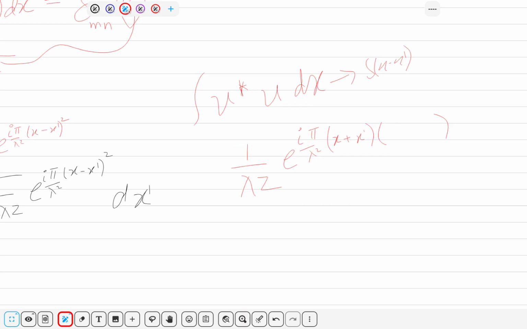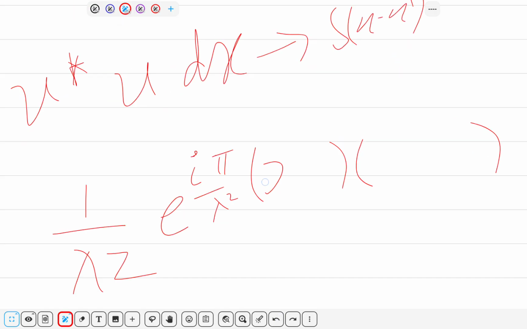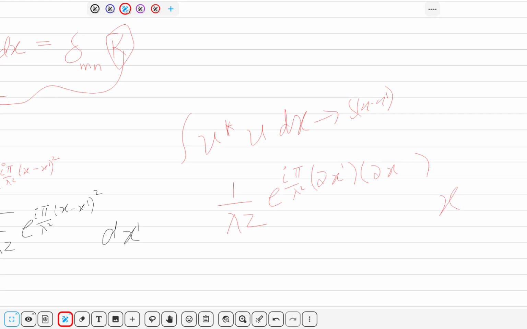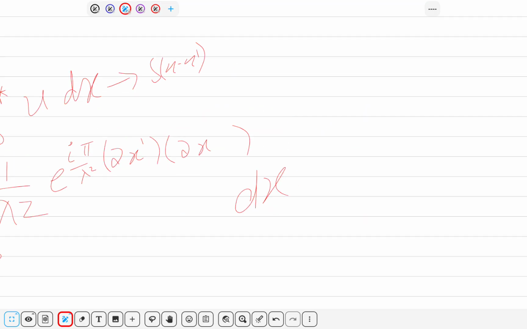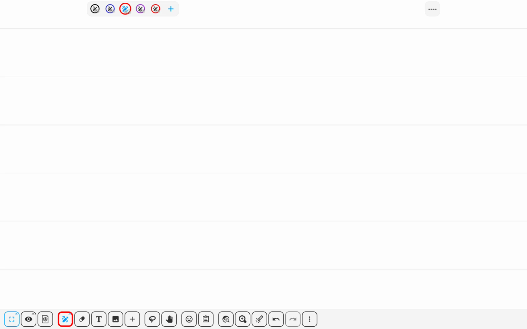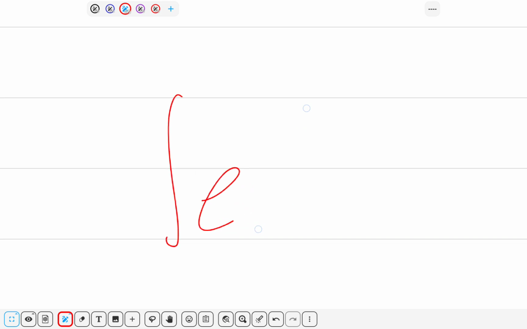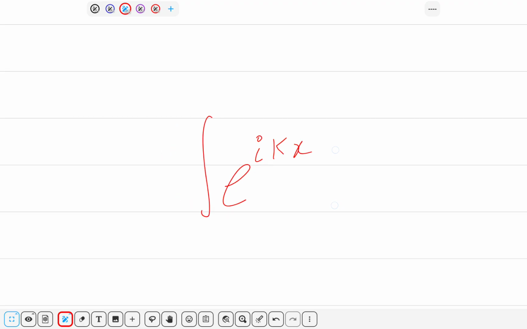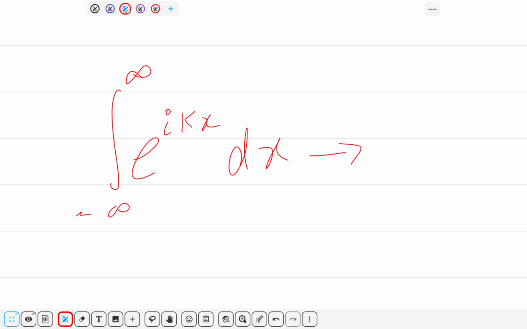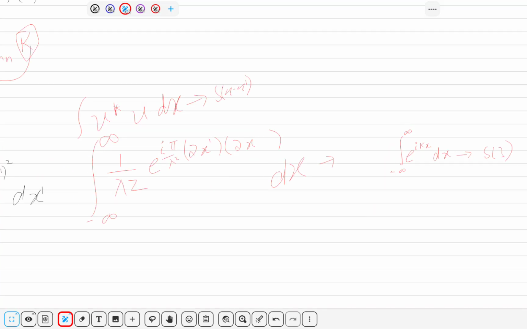No, it will actually be 2x prime and 2x, and you are integrating with respect to x or x prime from minus infinity to infinity. And I know this property that the integral of e power i kx dx from minus infinity to infinity just corresponds to a delta function. I don't know how to rewrite it, but okay, fine.